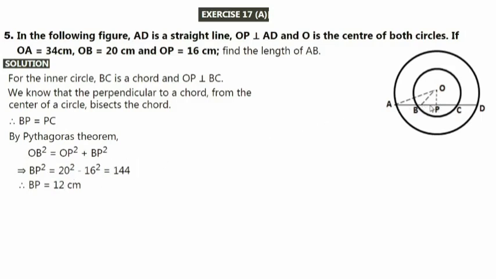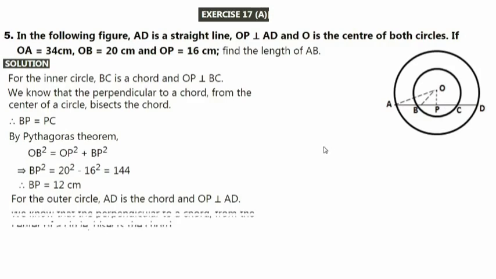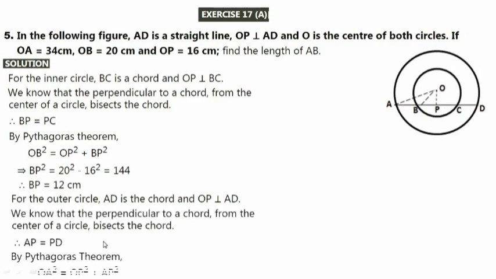So we got BP. Now similarly, for the outer circle, AD becomes the chord and OP is perpendicular to AD. So that's why AP will be equal to PD. And again, by using Pythagoras theorem, for the outer circle, OA square is equal to OP square plus AP square.